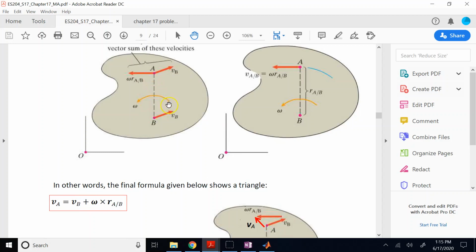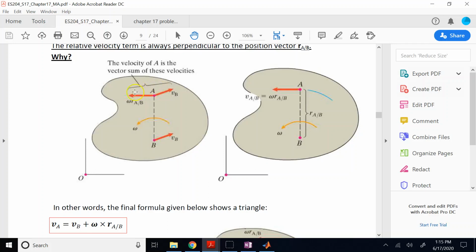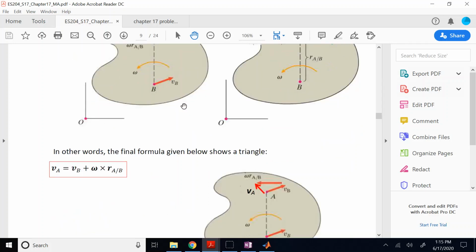If this is B, this is A, and the object is rotating with this omega, then the relative term, we just learned, is perpendicular to the radial vector. V of B is a component that is determined by point B, and then if I add these two vectors together, what do I get? I would get V of A, right?